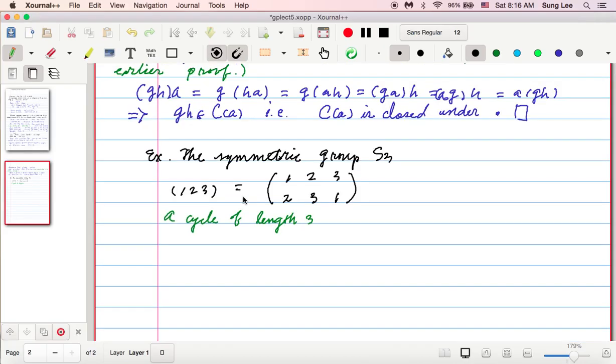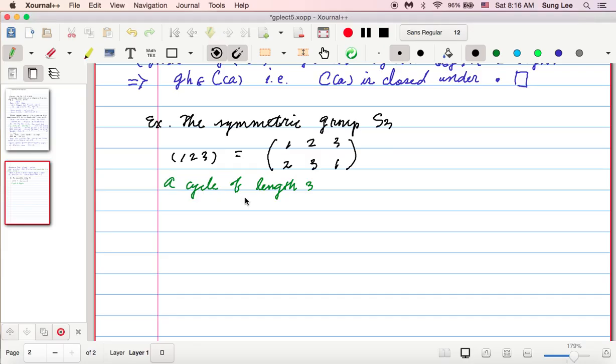So I mentioned earlier that the identity permutation, right? The identity permutation. So here, 1 2 3, 1 2 3. That's an even permutation.